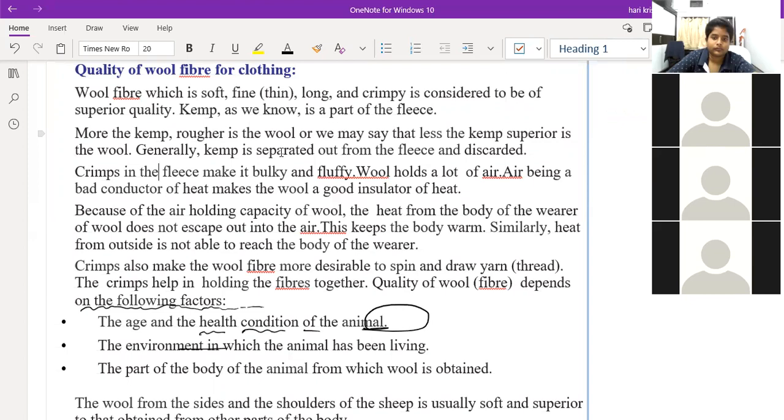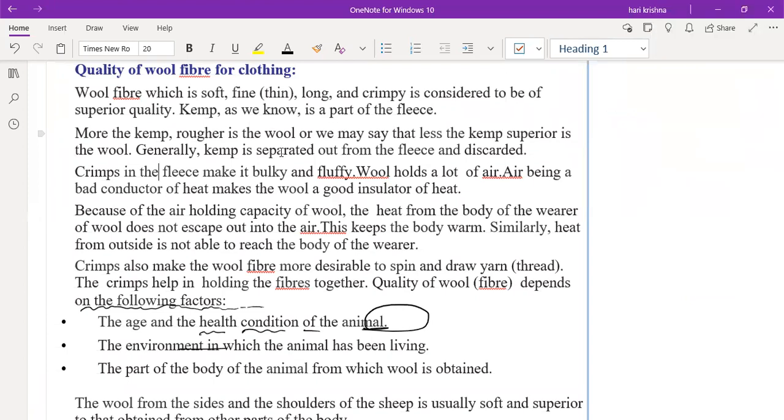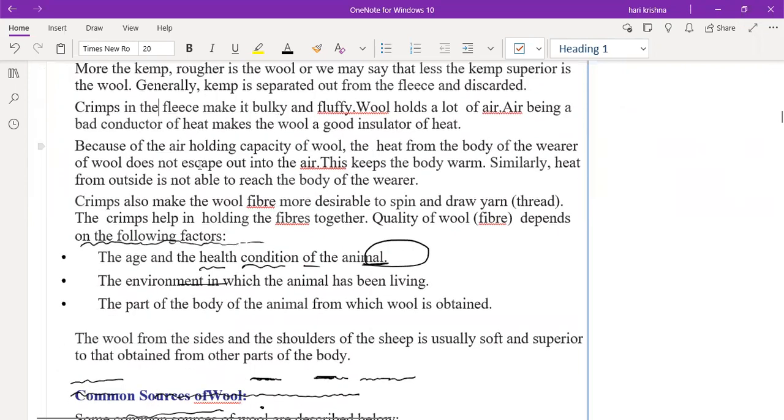Fluffy wool holds air and it will act as a strong insulator. If the wool is not fluffy, it cannot hold the air. If it cannot hold the air, it cannot act as an insulator. That is the difference between the superior wool and inferior wool. Okay, so again, the next point explains that the quality of the wool will depend upon the following factors.